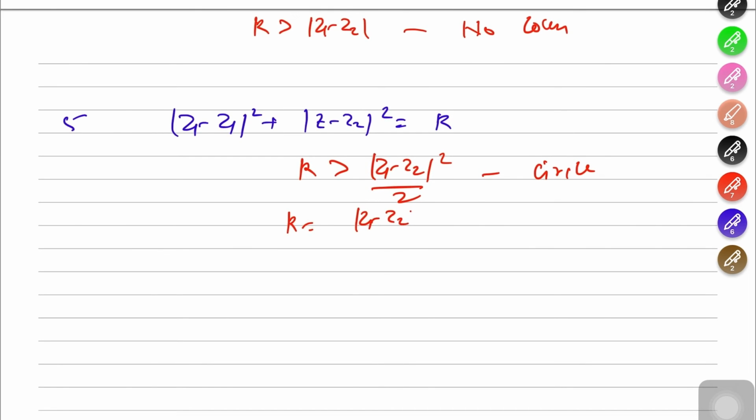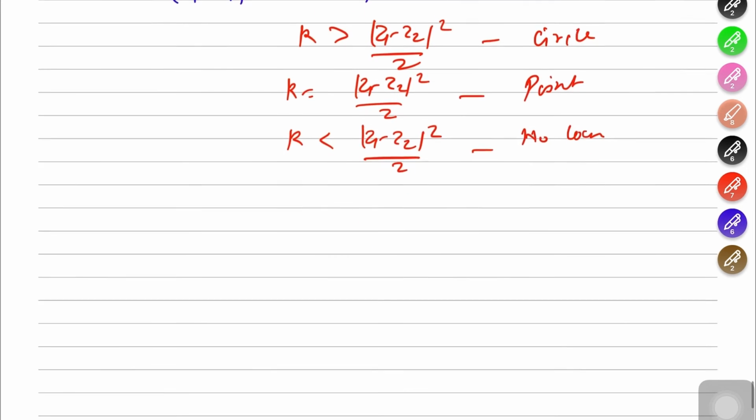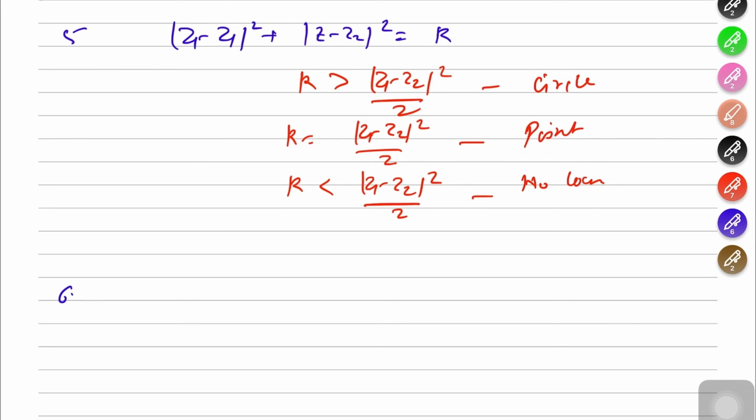If k is equal to |z1 − z2|²/2, they represent a point. And if k is less than |z1 − z2|²/2, no locus is possible. Okay.